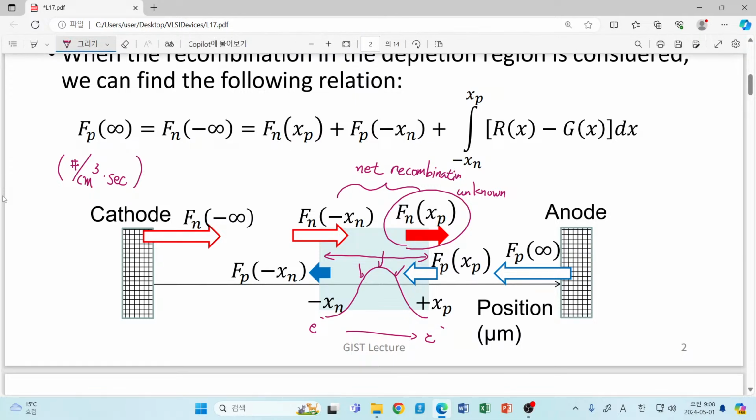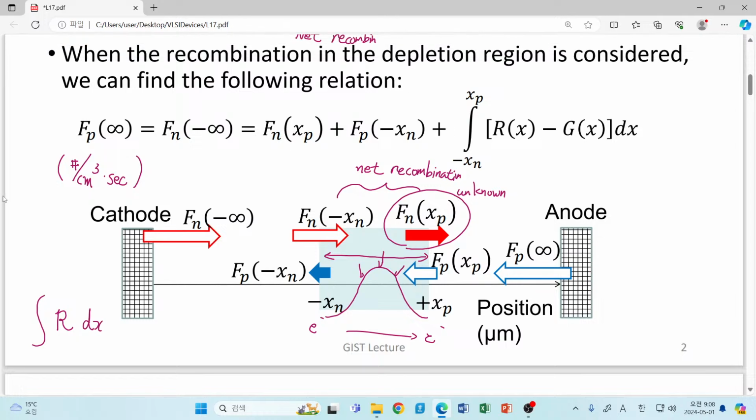So we have to integrate our net recombination rate over the depletion layer. The lower limit should be the beginning point of our depletion layer, and the upper limit should be the ending point. If we make such an integration, then we will measure some quantity.